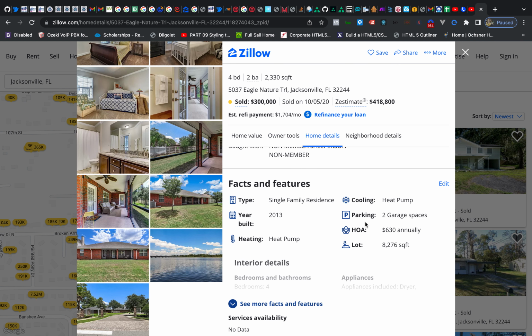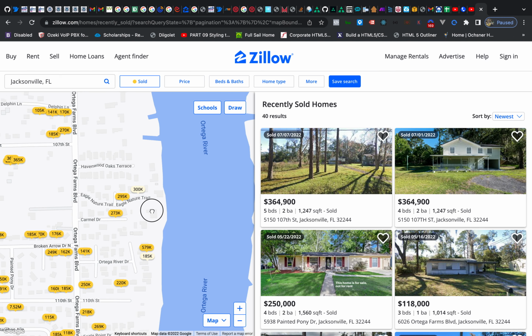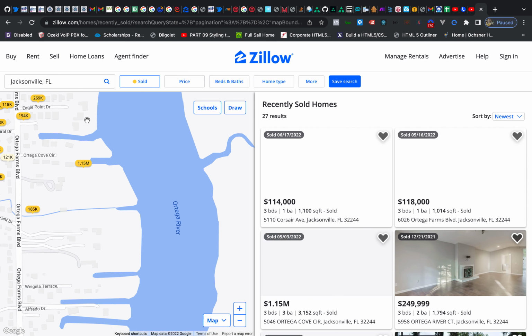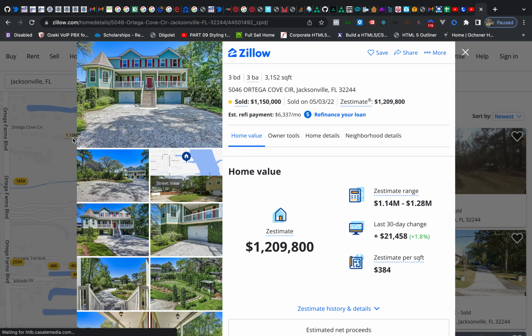I know that was 2 years ago. The lot size is 8,000 square foot, but it's a decent house. It's not exactly by the water. Let's find something exactly by the water, because the closer it is to the water, guys, the more value it has.